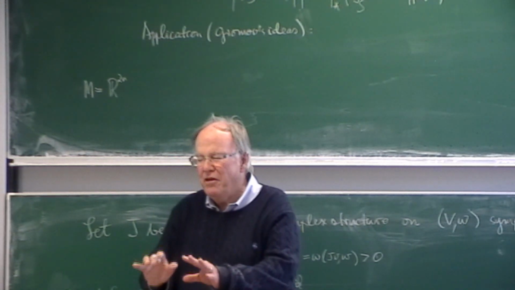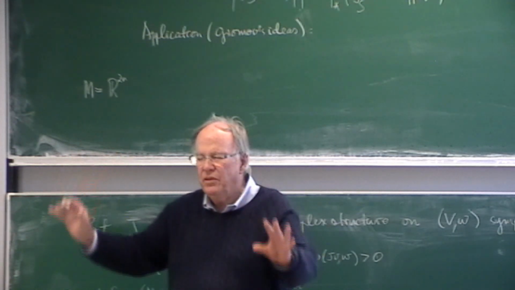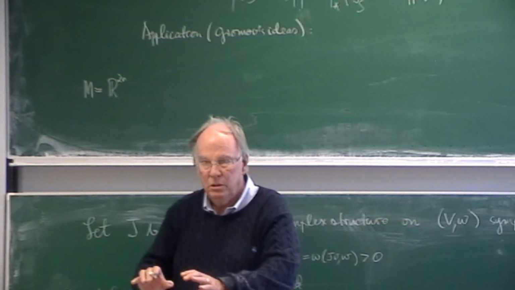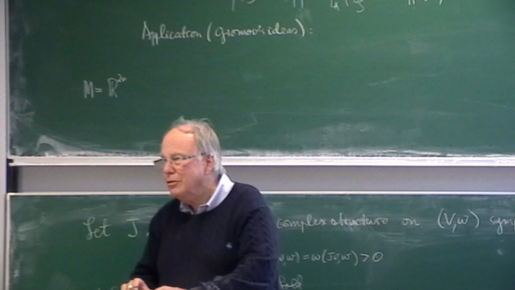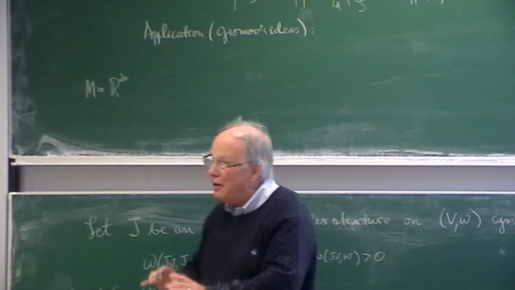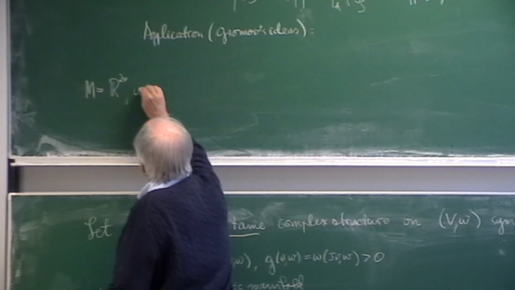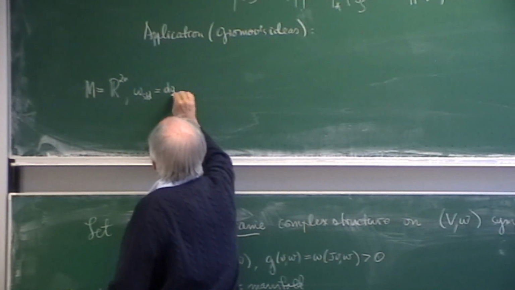He's found the right way to think about small things that will give him big things. For example, he thinks a lot about what is a triangle. Maybe very abstract, but he's not afraid to think about what is a triangle. Let's look at omega standard on this thing, which is the sum of dq dp.